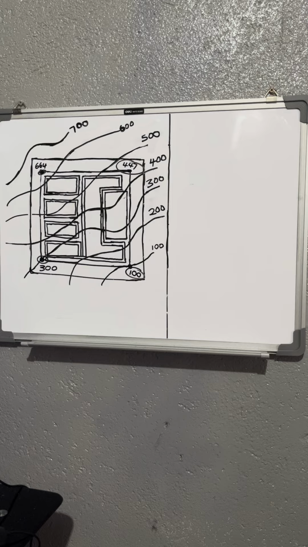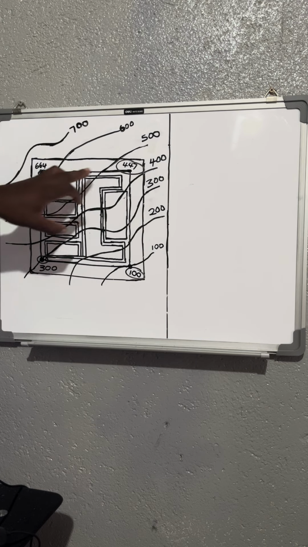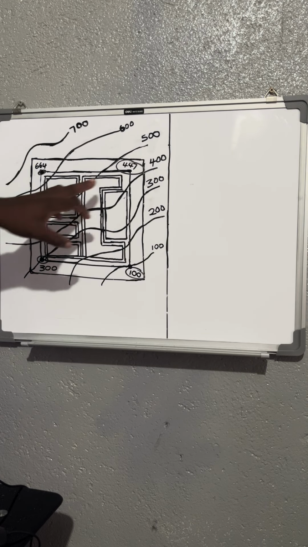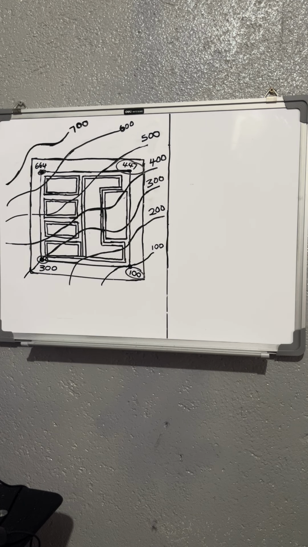And how do we do that? We do that by determining the difference between the heights. If we determine the difference between these heights, we're actually trying to find out how much the ground drops.